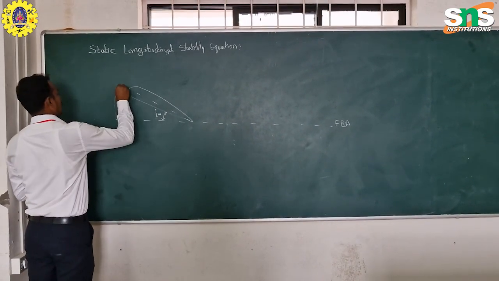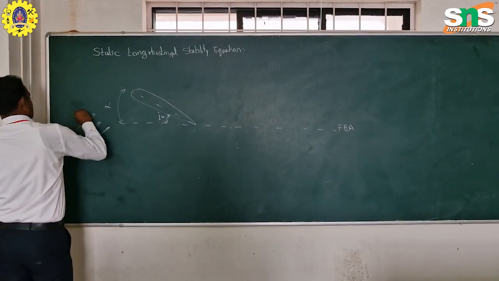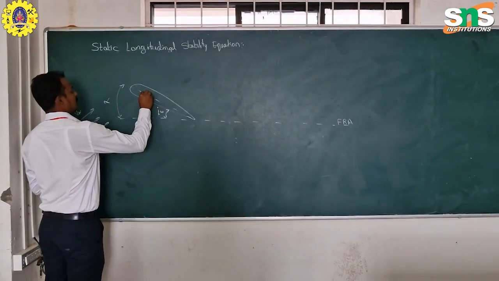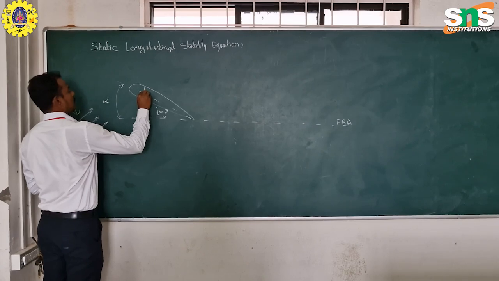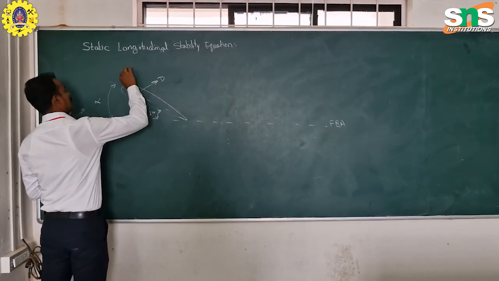The angle of attack alpha is with respect to the free stream velocity. It passes through the aerodynamic center, so it will produce drag and lift.